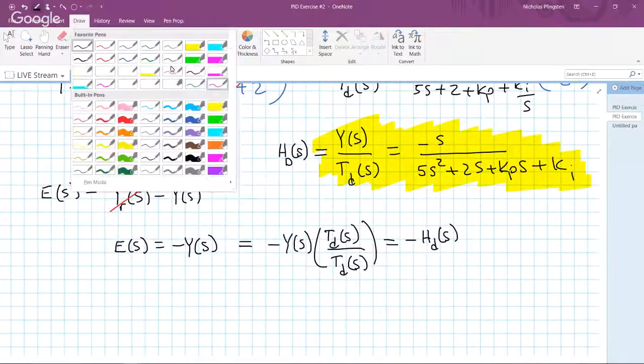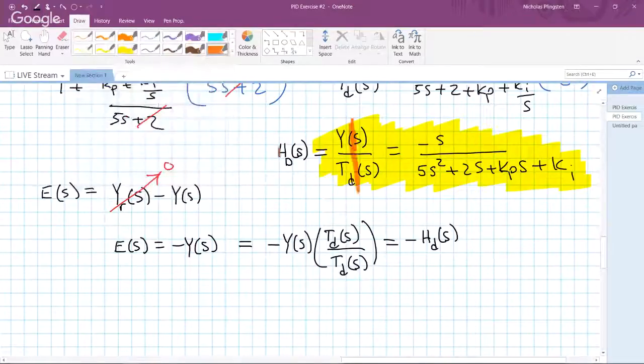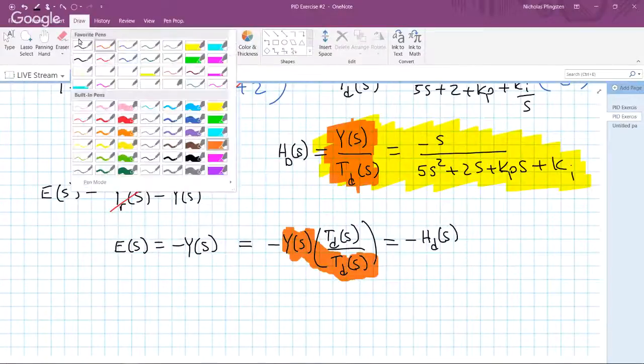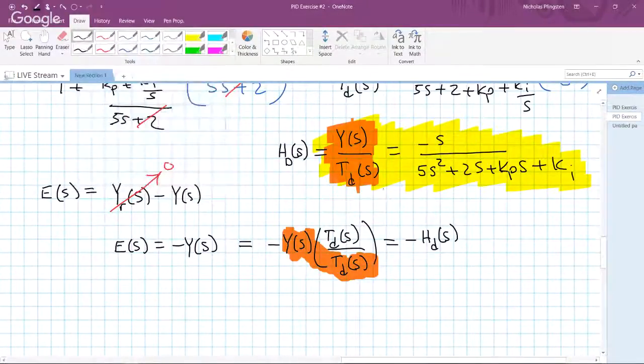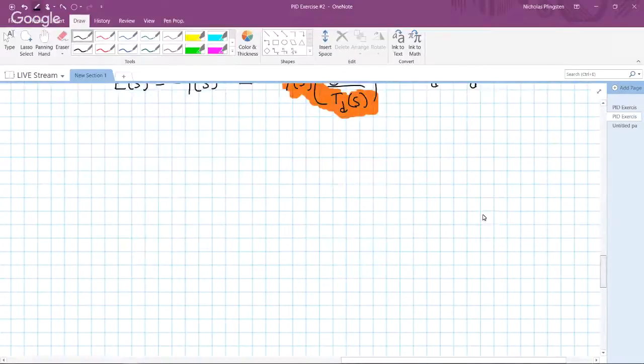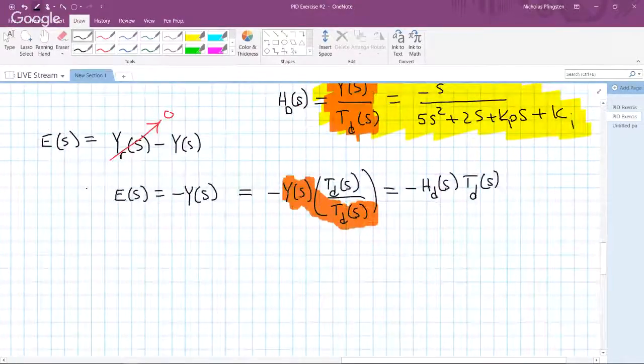Because, again, we're looking at this trend here, right? These are the same thing. Td of s. This isn't that bad. It's, for the most part, kind of simplified for us.